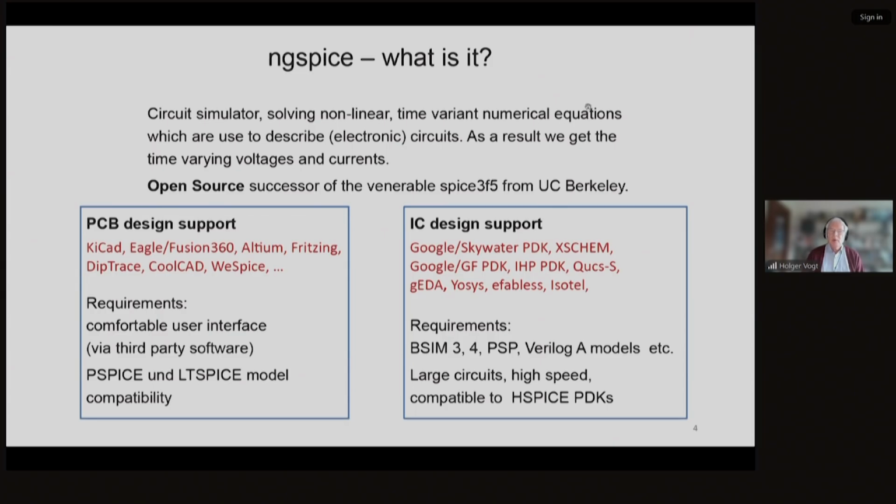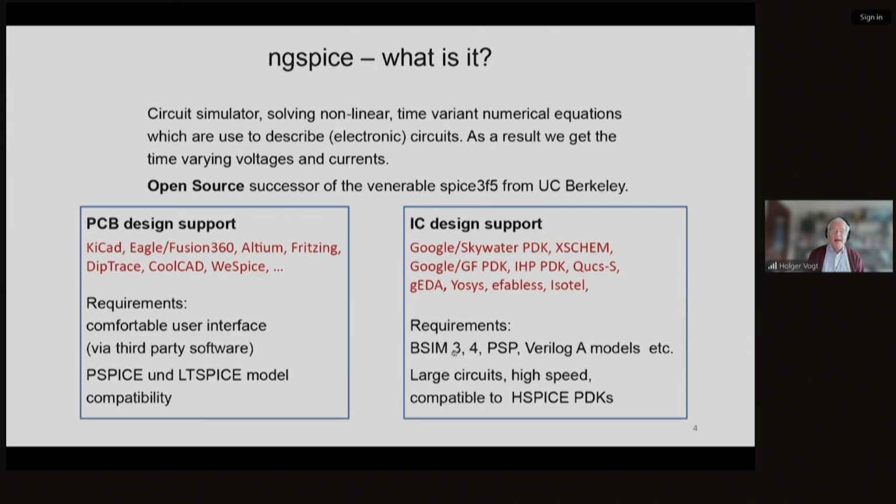On the other hand, we have IC design support for designing integrated circuits. Here, especially the new open source PDKs, like the Google SkyWater PDK or the Google GlobalFoundries PDK, and the upcoming IHP PDK we are talking about today. Here other software comes into play like eSim, Google Gate, eFabless, and a lot of others.